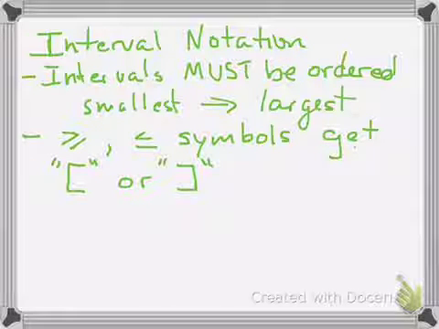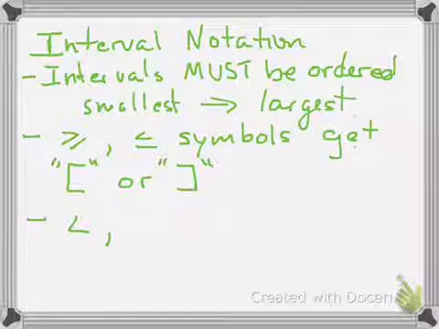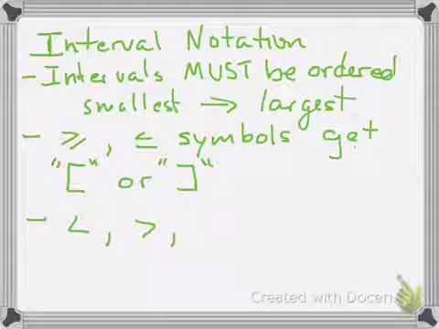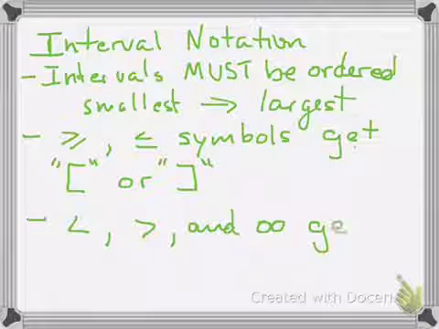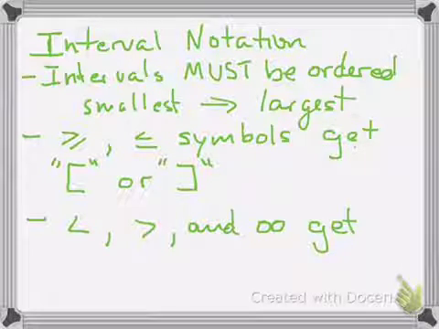So if that's the symbol for less than or equal to, greater than or equal to, we need a symbol for just less than, greater than. All right, so less than, greater than, and we're going to add the infinity symbol. We're going to be using some infinity symbols, which get parentheses.